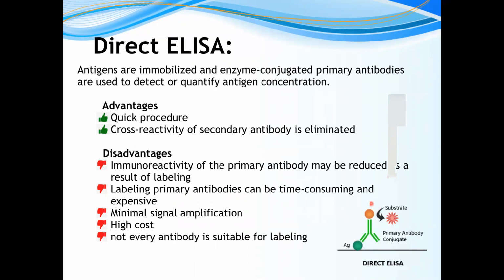And as no secondary antibody is involved, it gives minimal signal amplification. The signal is not that strong, and not many antibodies are available. So there is limited availability of antibodies, so it can be expensive also.